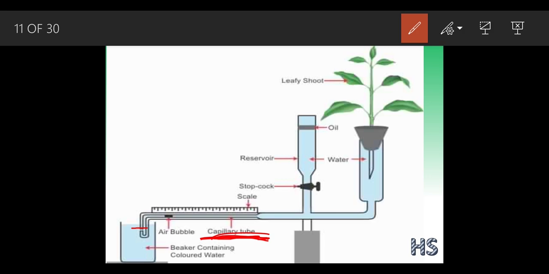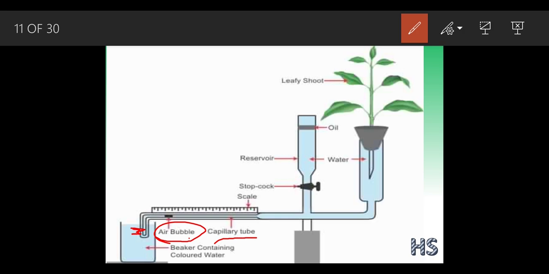But I'm going to remove my thumb for 1 or 2 seconds. Why am I going to remove my hand for 1 or 2 seconds? To introduce this air bubble. And after 1 or 2 seconds immediately I should cover this part again with my thumb. So the experiment should be very fast.